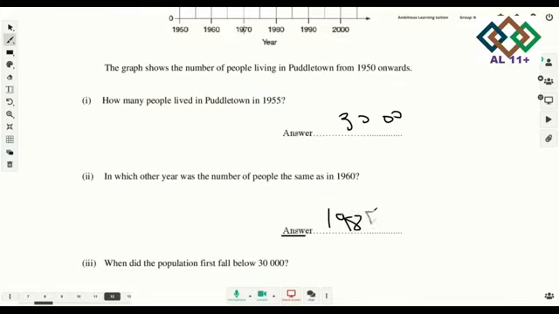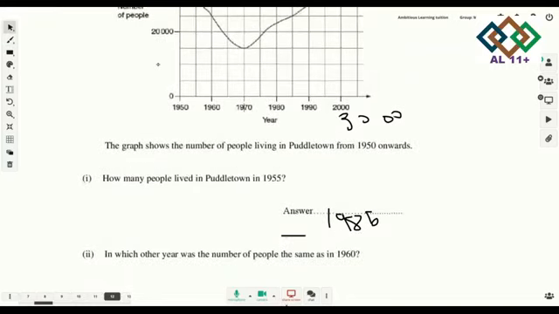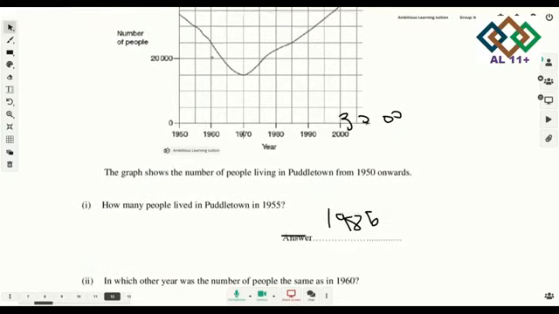Your second one is 1985. And the third one, they're asking you, when did the population first fall below 3000? Again, look at the graph. When you think it falls below 3000, you will come to know it's between 1955 here and 1956.